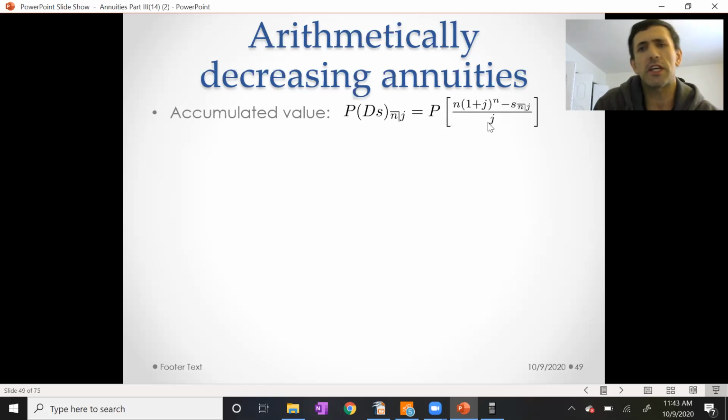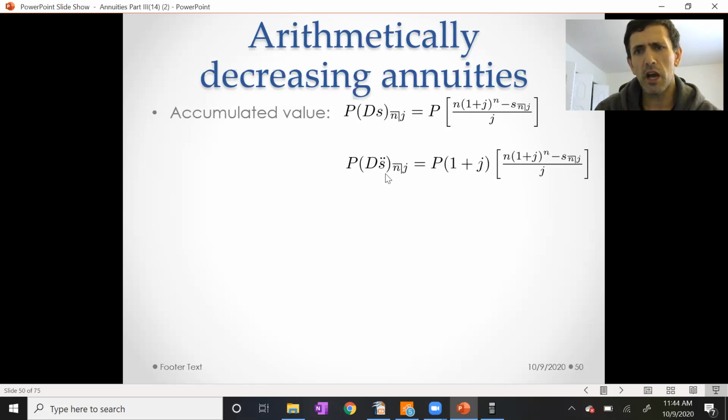And the way you should think of it is, that's just basic algebra, basic manipulations with finite geometric series.